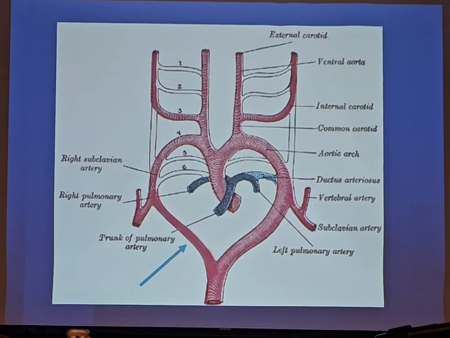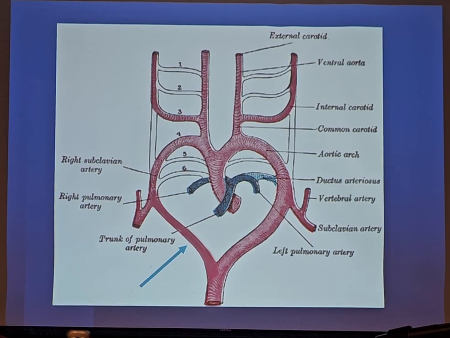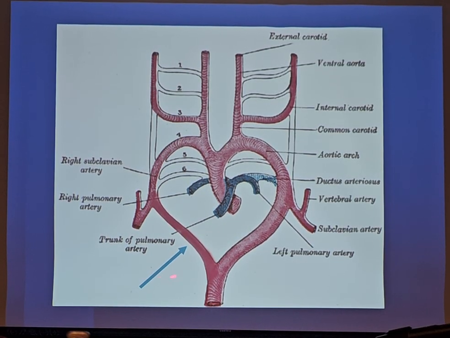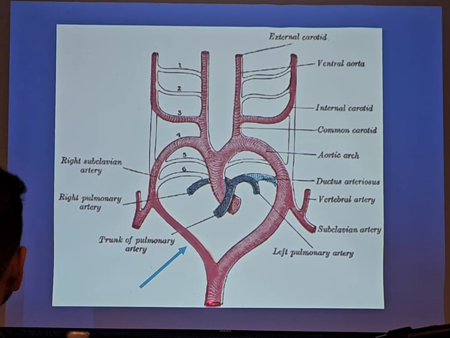It's a regression of the right side dorsal aorta. Okay, between this fourth aortic arch and the connection to the contralateral dorsal aorta, this disappears.